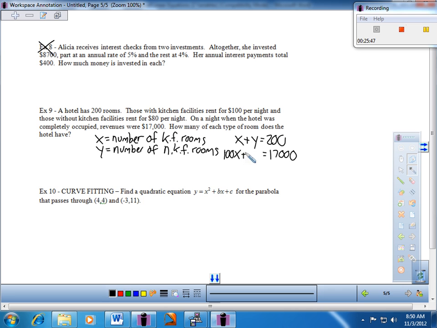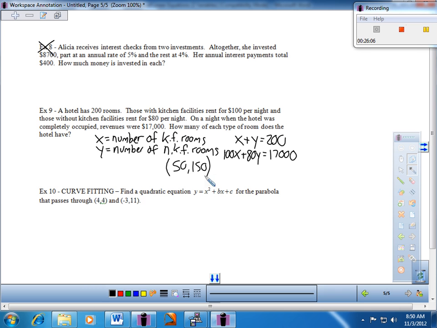And then the revenue also was made from the number of non-kitchen facility rooms, and each one of those brought in $80, so 80 times the number of rooms. And if you solve that, let's see if I have this on my paper here. Yeah, I have something, so we'll go 50 and 150 if you solved.